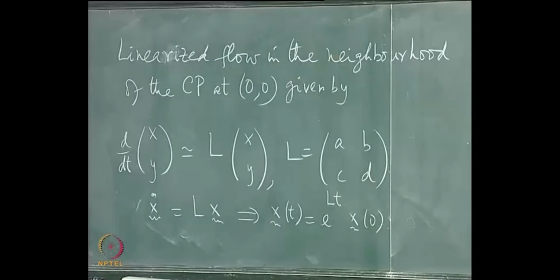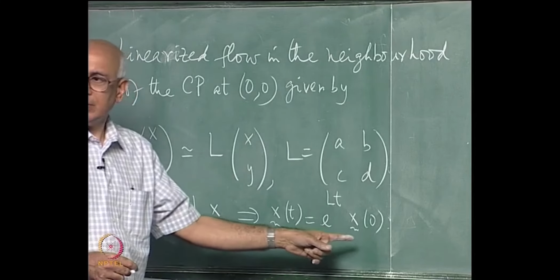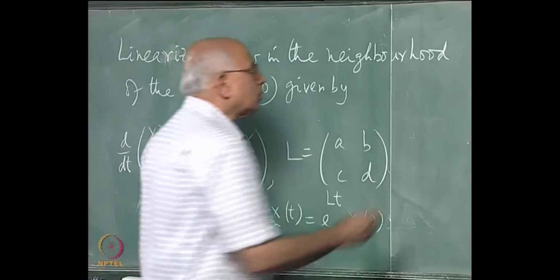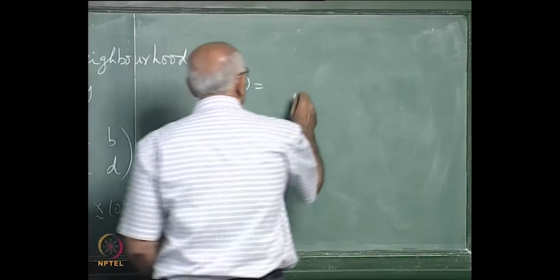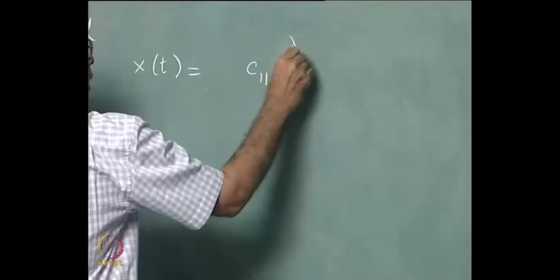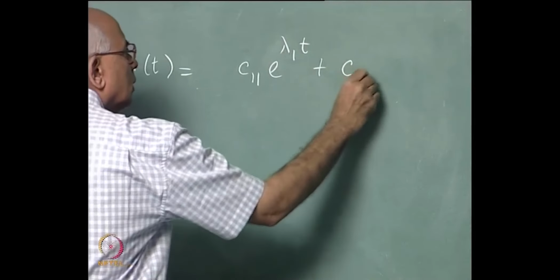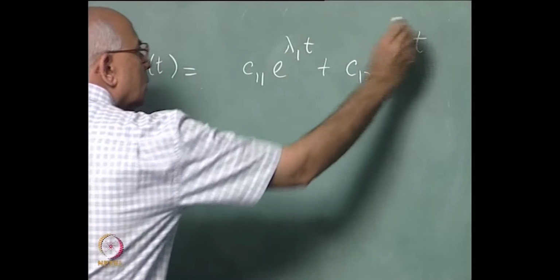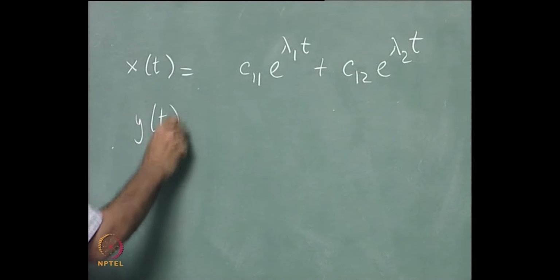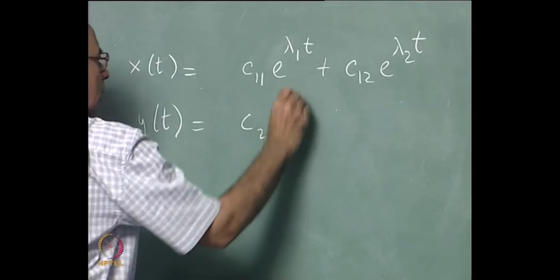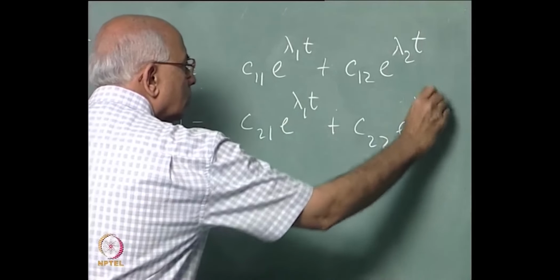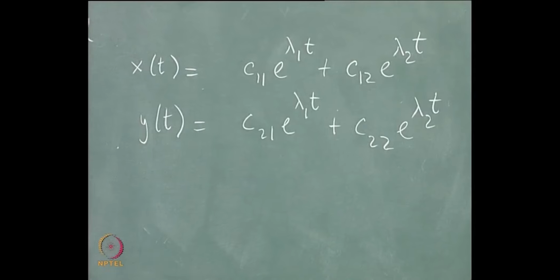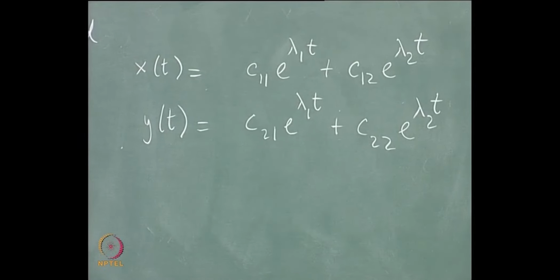So the general solution to this equation, and you can do this in one step, would involve something like x of t equal to some coefficient c11 e to the lambda 1 t plus c12 e to the lambda 2 t, and similarly y of t would be c21 e to the lambda 1 t plus c22 e to the lambda 2 t. In general, how would you find these constants c11, c12 and so on?